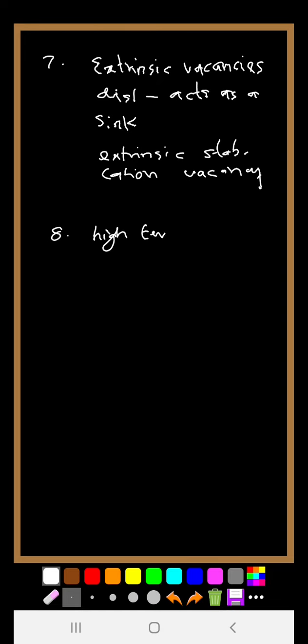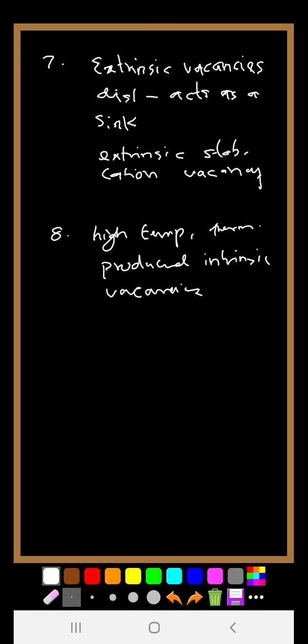At high temperature there is a thermally produced intrinsic vacancy, which leads to the dislocation charge switching.